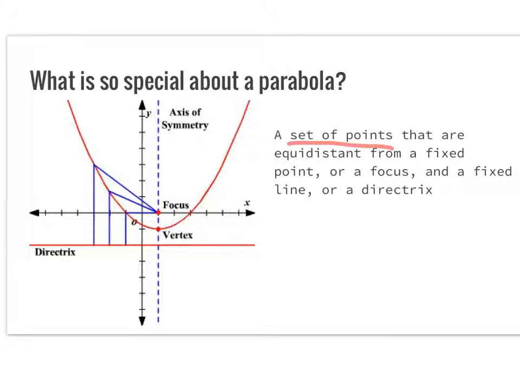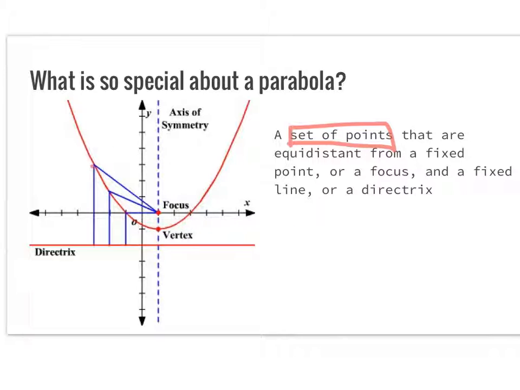Let me rephrase this mathematical definition in our own words. When they say a set of points, they mean that if you look closely enough at this graph, it's actually made up of lots of points, but because there are so many points, it just looks like a line. So it's a set of points that are equidistant from a fixed point.